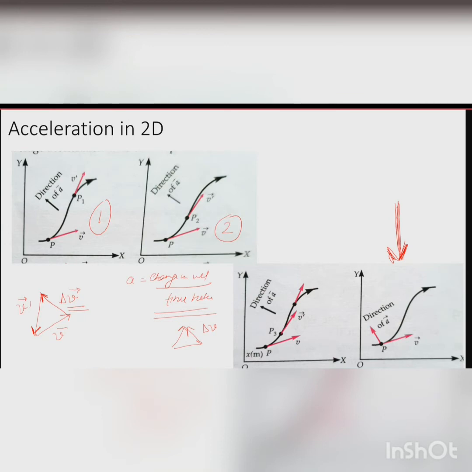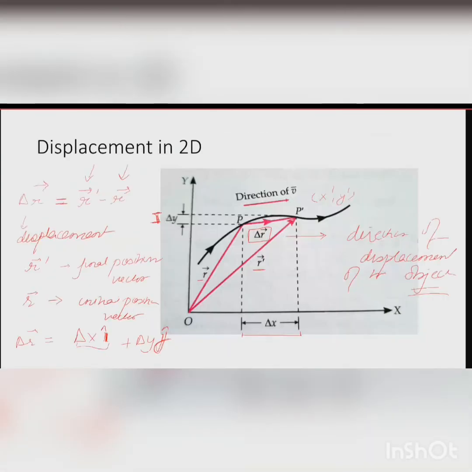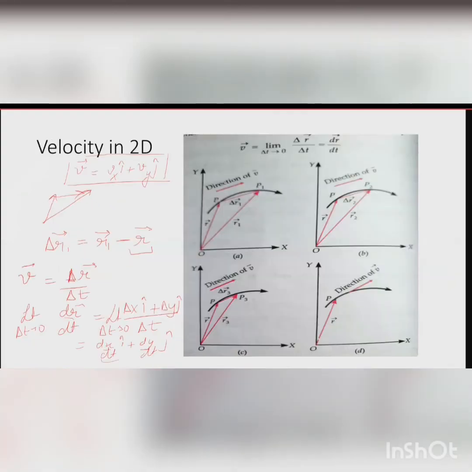So you have to remember that when we are talking about the direction associated with the velocity vector, it would be the same as the displacement vector, like we discussed in this case. Whatever the direction of delta r is, that would be the direction taken by the velocity vector. If I talk about the direction of the velocity vector, the change in velocity vector is going to give me acceleration.